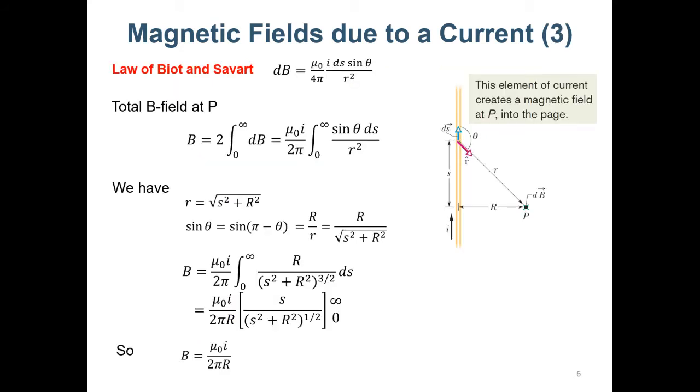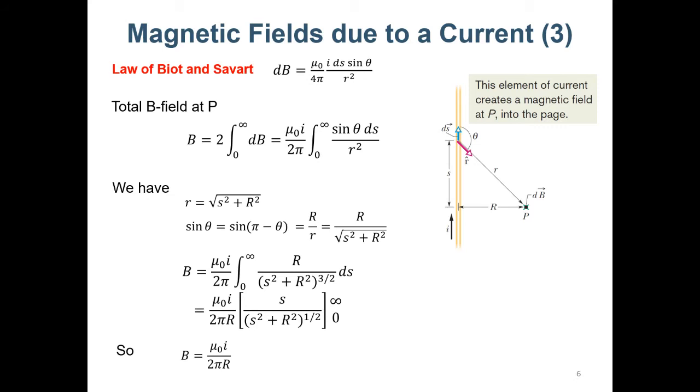Here we use the Biot-Savart law, so that the total B field generated by this infinite straight wire at this point would be like this. Originally it is from negative infinity to infinity, so we can make it 2 times this integral from 0 to infinity because it is symmetric. And then we just substitute dB into here.